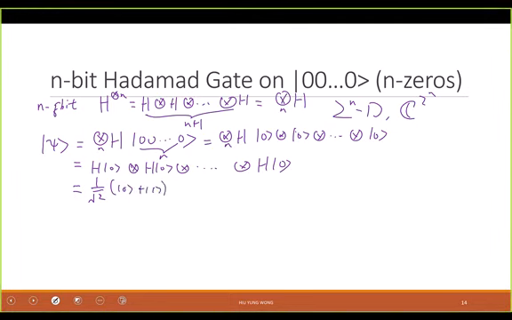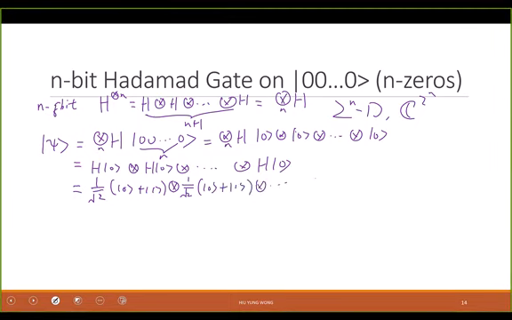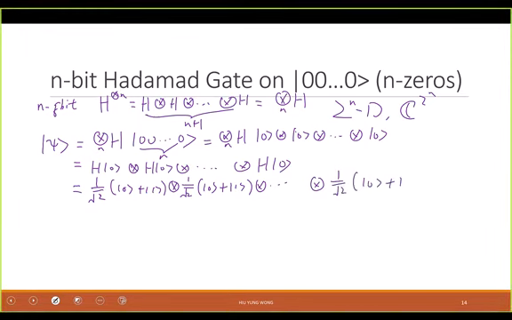This is the first qubit, and this is the second qubit. You do the same thing for all n qubits, and then you just do a tensor product across them.